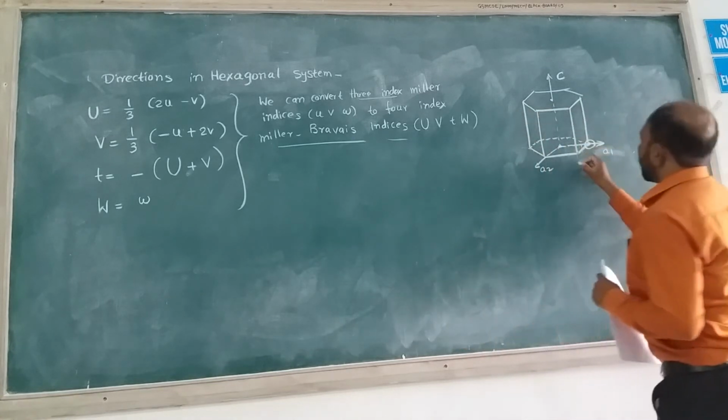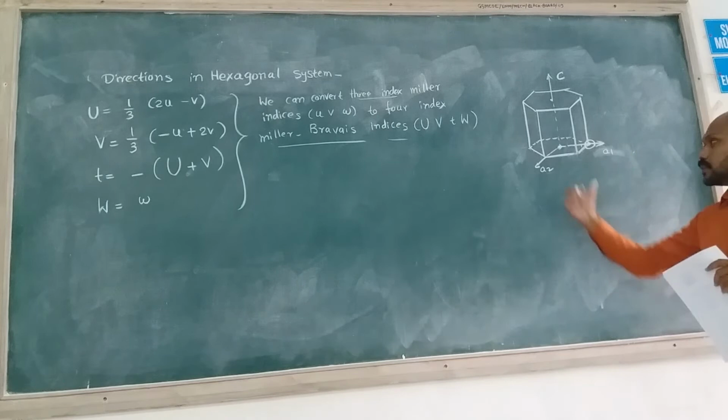If we consider this point and this is the origin, how do we find this direction?